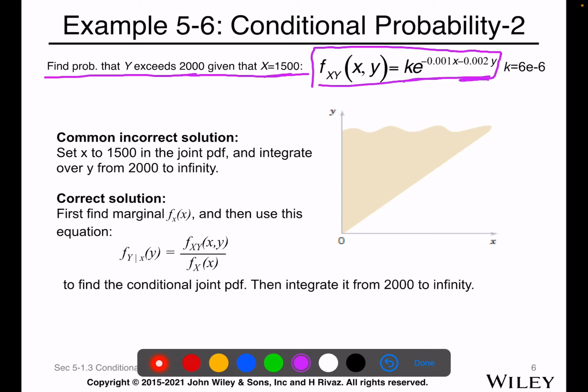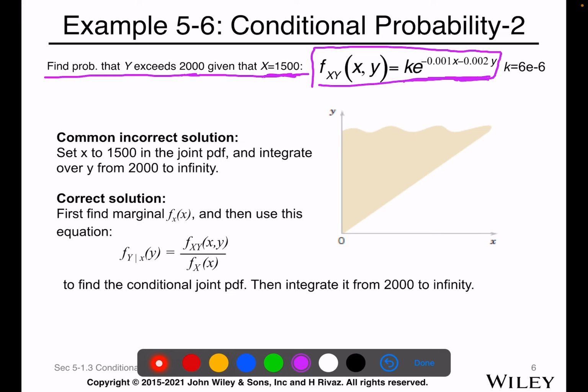So a very common incorrect solution is to plug in this equation. So we have an equation for x and y. You say, okay, x is 1,500. I'm going to set x to 1,500 in this equation. So I'm going to say, oh, you want this probability.